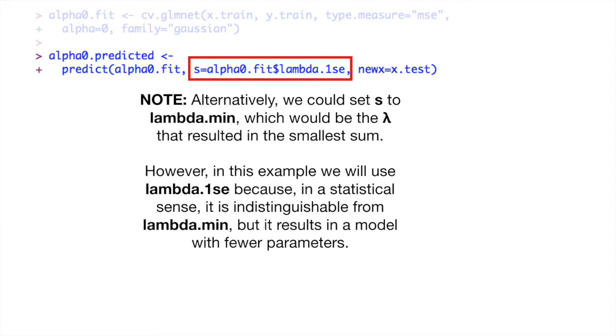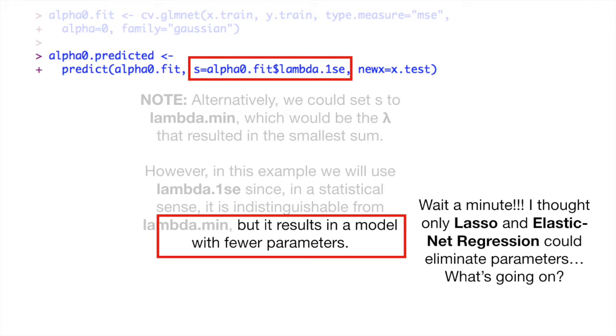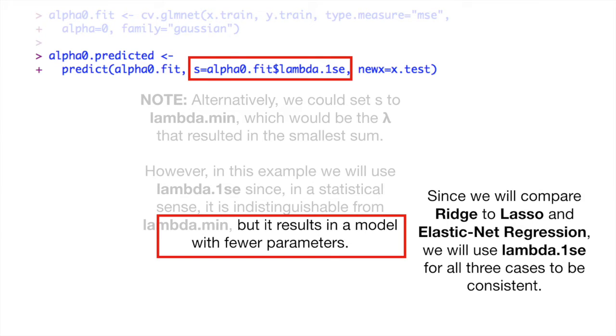However, in this example, we will use lambda.1se because, in a statistical sense, it is indistinguishable from lambda.min, but it results in a model with fewer parameters. Wait a minute. I thought only Lasso and Elastic-Net Regression could eliminate parameters. What's going on? Since we will compare Ridge to Lasso and Elastic-Net Regression, we will use lambda.1se for all three cases to be consistent.